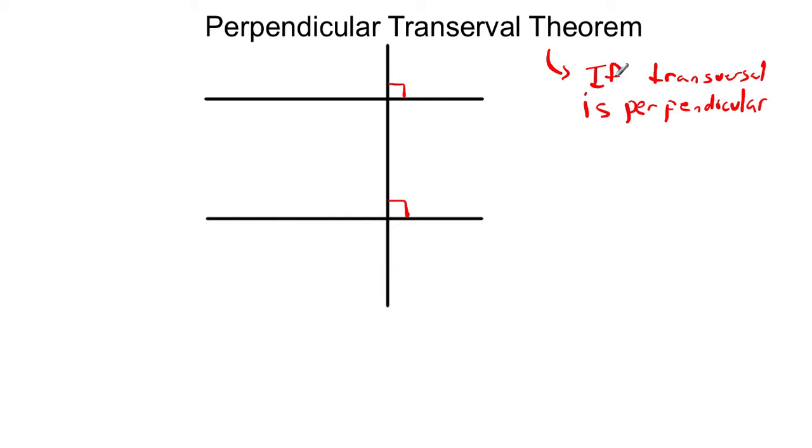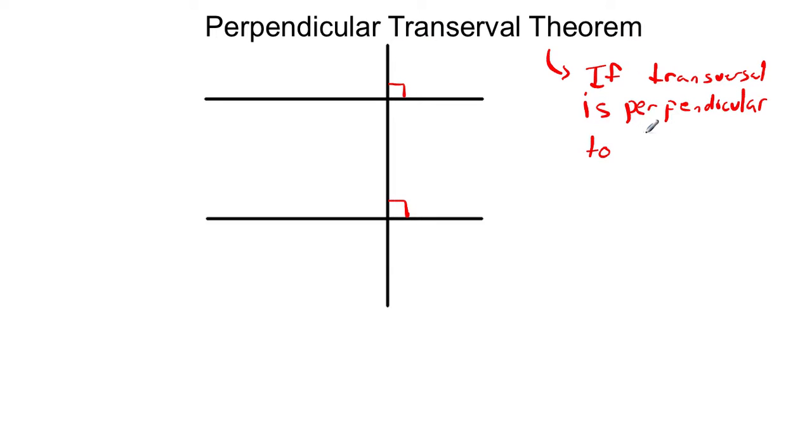I was never a good speller. All right, so if a transversal is perpendicular, see, now I'm doubting myself. It looks wrong, but I'm sure it's right. Oh, no, it's right there. It's an E. It just looks so wrong. I don't know why. All right, back to math.